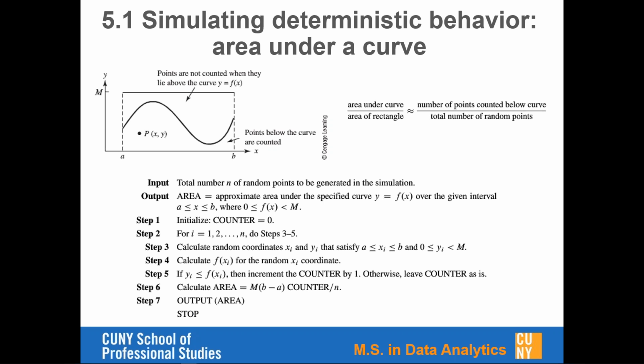So what we do here is initialize the counter equal to 0, and then for all the i's starting from 1 all the way to n, do steps 3 to 5. Step 3 is to calculate random coordinates x and y that satisfy x between a and b and y between 0 and m.